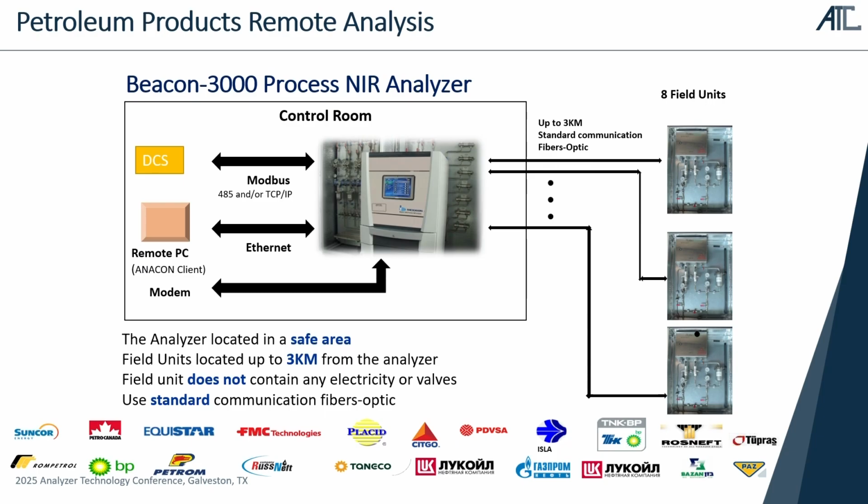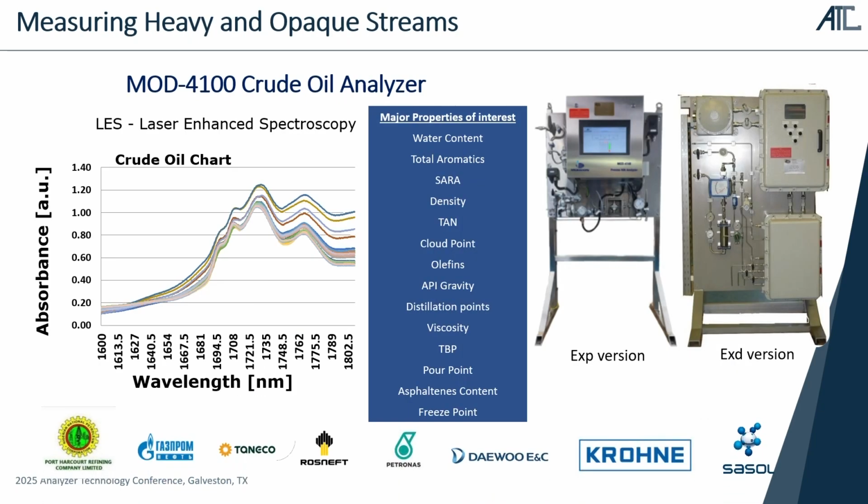So this is the first solution which I promised to describe, and which eliminates the need for housing and sample systems, which finally means that the end user is only buying the analyzer and its installation. And this installation doesn't require any additional equipment or any additional investments.